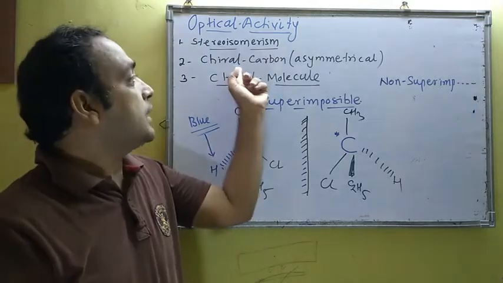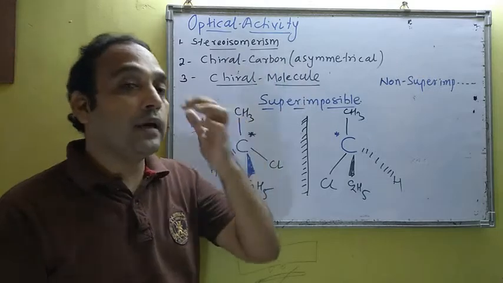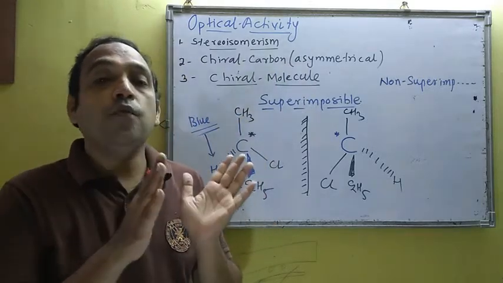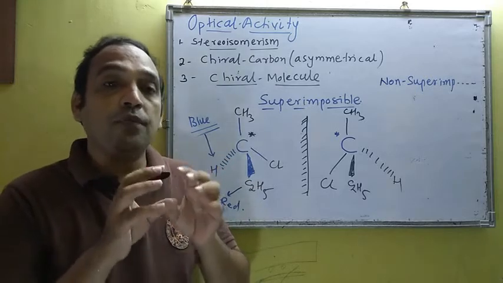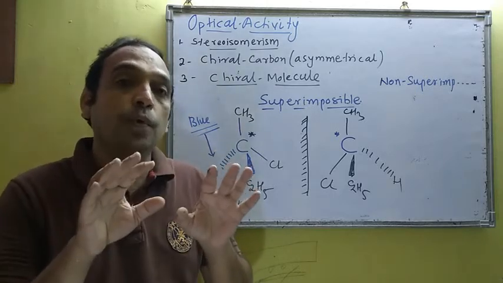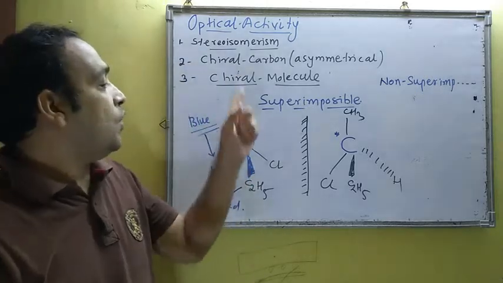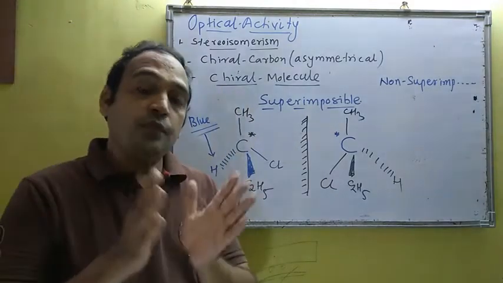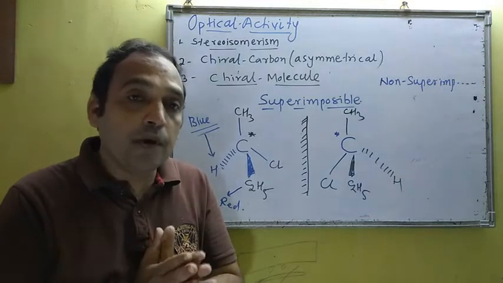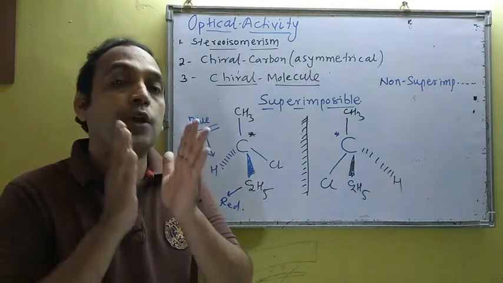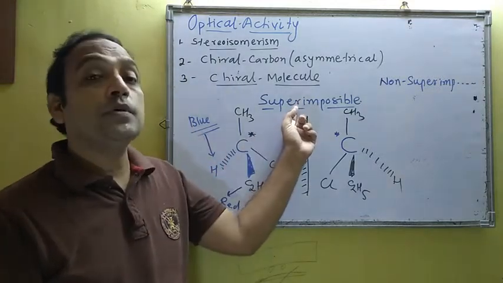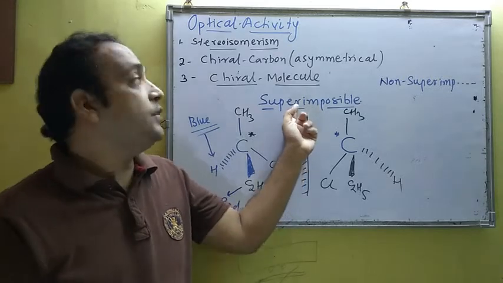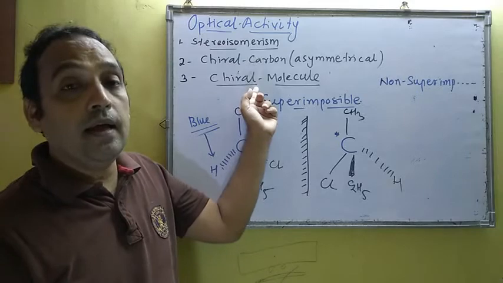Now what is a chiral carbon or asymmetric carbon? A carbon in a molecule which carries four different atoms or groups attached to it is called a chiral carbon. Now what is a chiral molecule? If the molecule contains a chiral carbon, such a molecule cannot be superimposed perfectly on its mirror image, and such a molecule is called a chiral molecule.